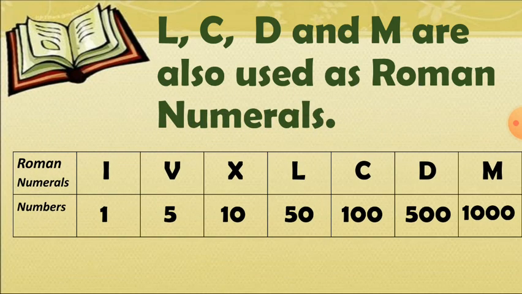See, in the first column, I have written all the Roman numerals, or you can say Roman letters, and in the second column, I have written the value of these letters. So, I value is 1, V value is 5, X value is 10, L value is 50, C value is 100, D value is 500 and M value is 1000.